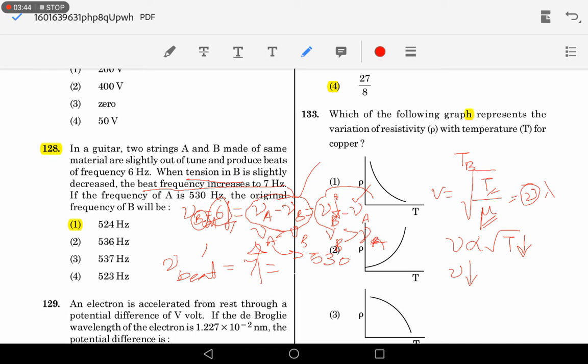So this actual case is the first one, which is nu A minus nu B. So 6 equal to nu A minus nu B. Nu A is given to be 530 Hz minus nu B equal to 6. Taking nu B to that side and 6 to the RHS, you'll get it as 524 Hz.